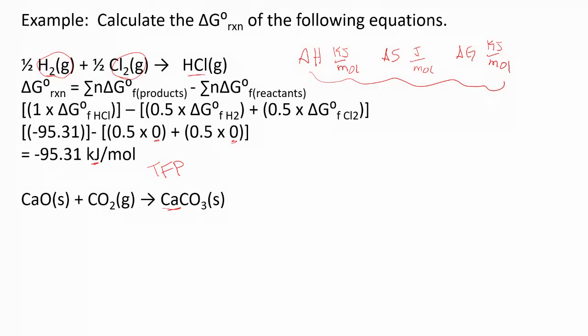So if we're calculating relationships, you'll notice there is a change in units, kilojoules, joules, kilojoules, and you can't put apples and oranges together, so you have to have kilojoules or you have to have joules, but you can't have both. All right, so we'll get to that. Just keep this in mind.